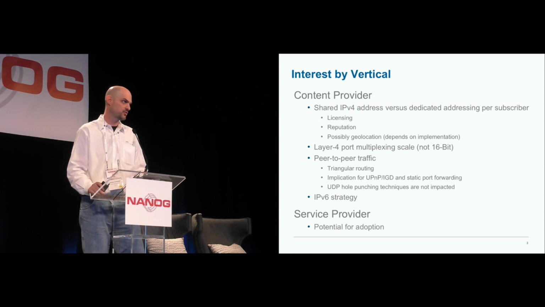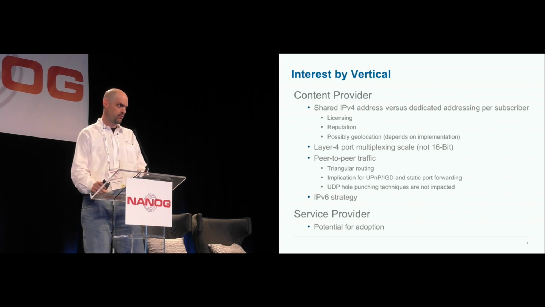Those of you who work for service providers, especially those who service broadband residential subscribers, I'm very interested in your interest for potential adoption and helping me move this technology forward and making it more of a standard.